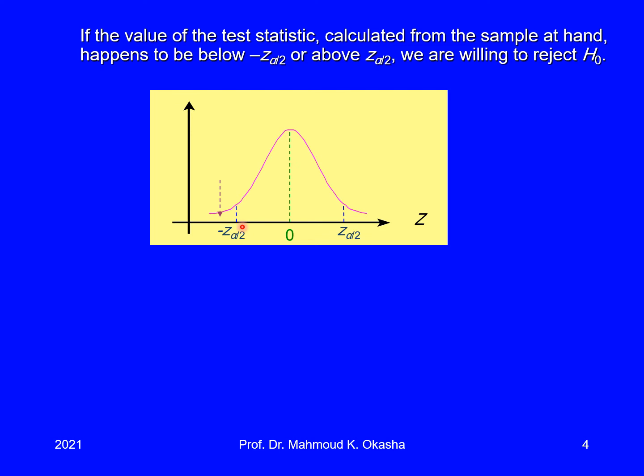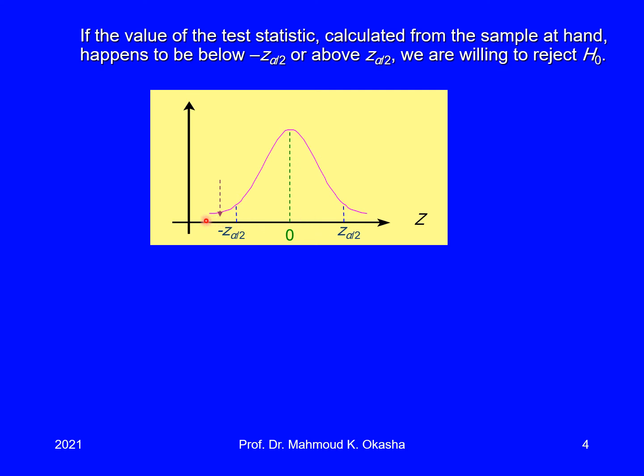This value is a critical value, minus z half alpha, and this is another critical value, plus z half alpha. From this to this is the non-rejection region, or acceptance region, as we sometimes call it, but it is better to say non-rejection region. And these values are the critical values here.